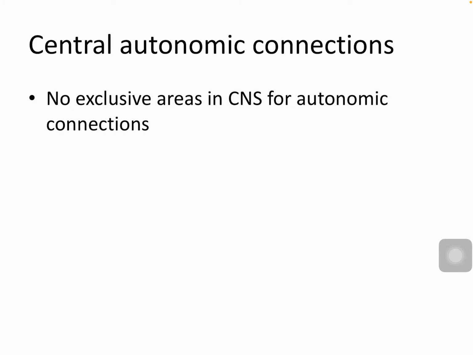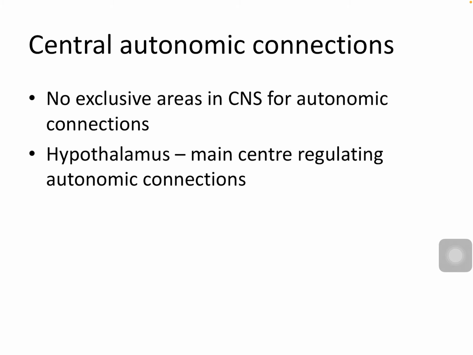Now the central connections, or the central neurons. There are no exclusive areas in the central nervous system for the autonomic nervous system; rather, widespread locations and widespread neurons are involved in its regulation. The main center which regulates all other autonomic connections is the hypothalamus.